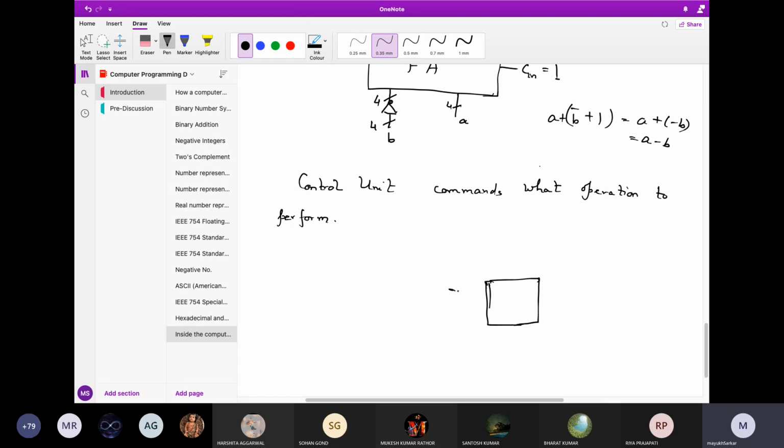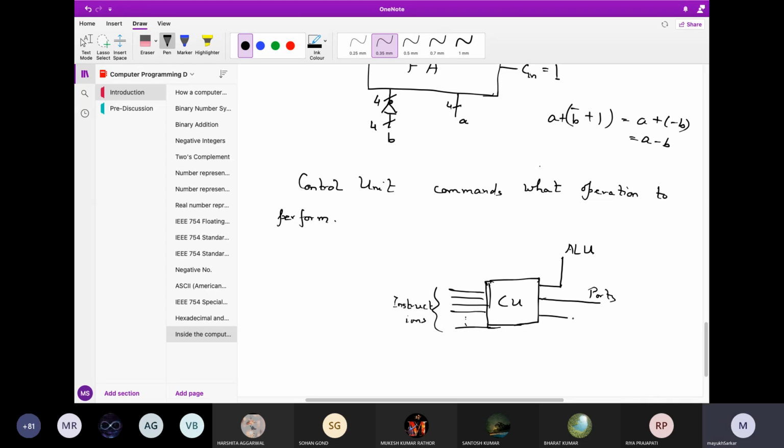So maybe the instruction is coming over multiple lines, whereas the circuit is set in between such that the commands are going to various locations. If the command needs to be sent to the ALU, one bit will go towards the ALU. Then maybe one bit is going towards the input output, the devices, the ports.